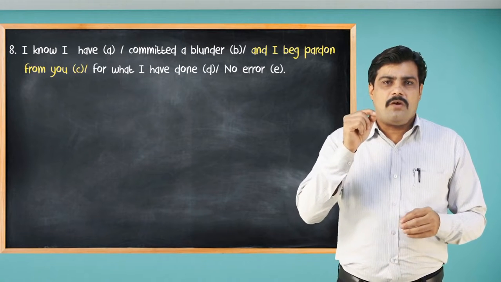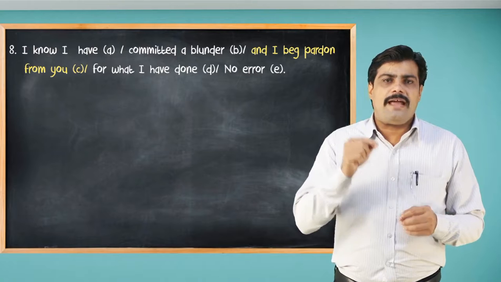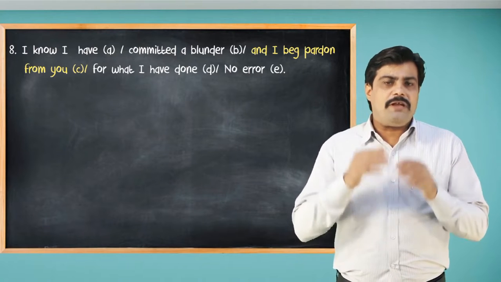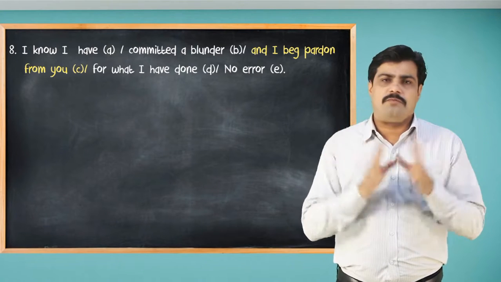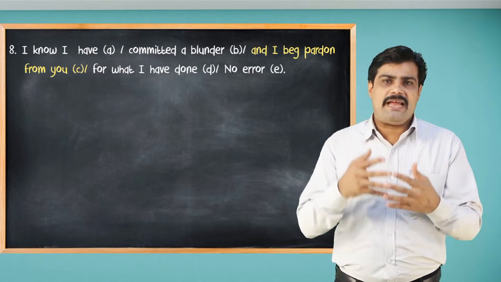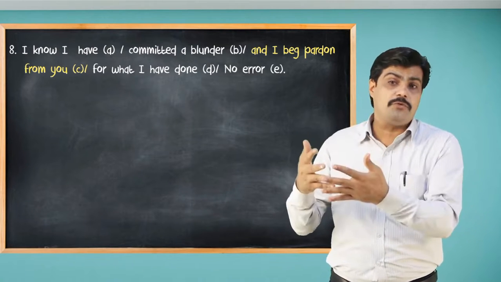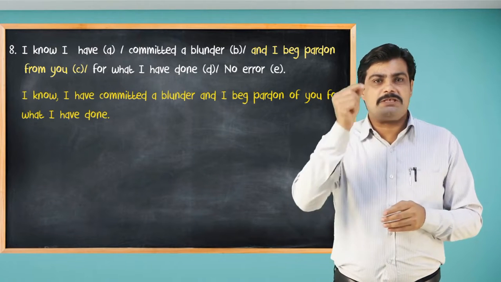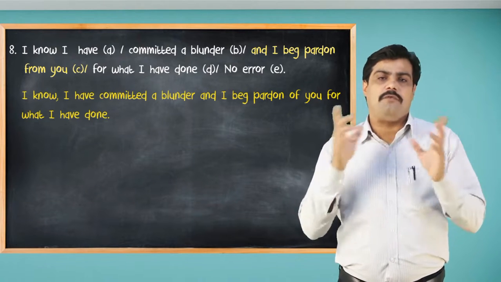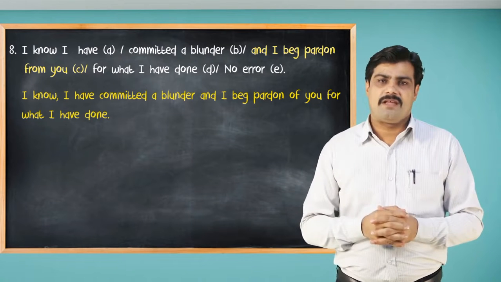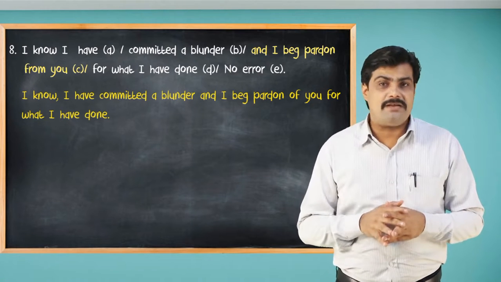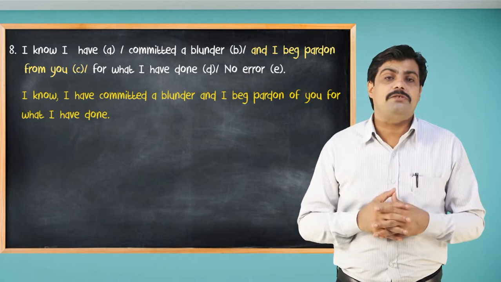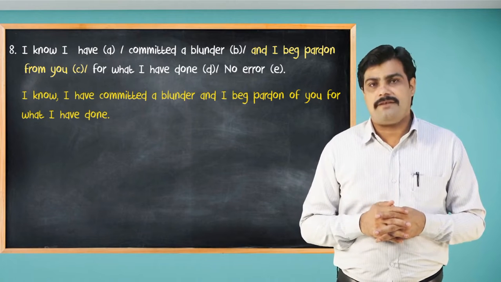Because with a verb like "pardon", we use "of" and not "from". Either we say, I beg pardon of you, or I beg your pardon. So erase "from", use "of" and say the sentence. I know I have committed a blunder and I beg pardon of you for what I have done.